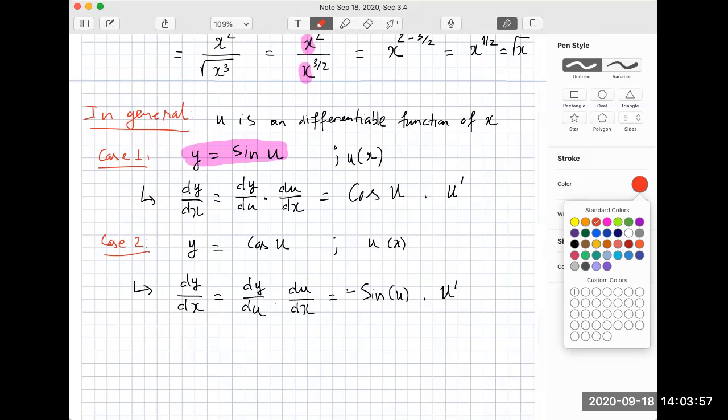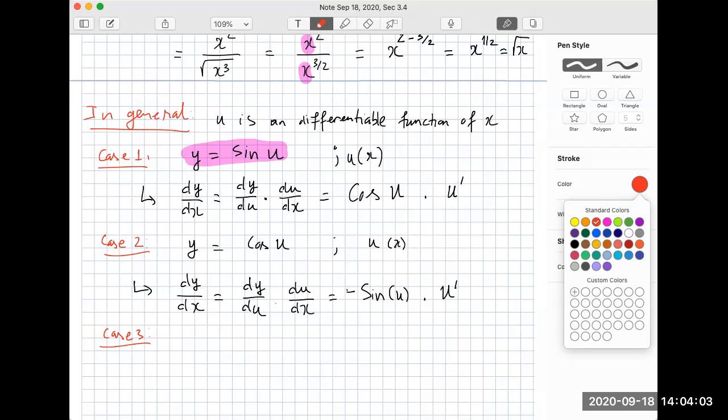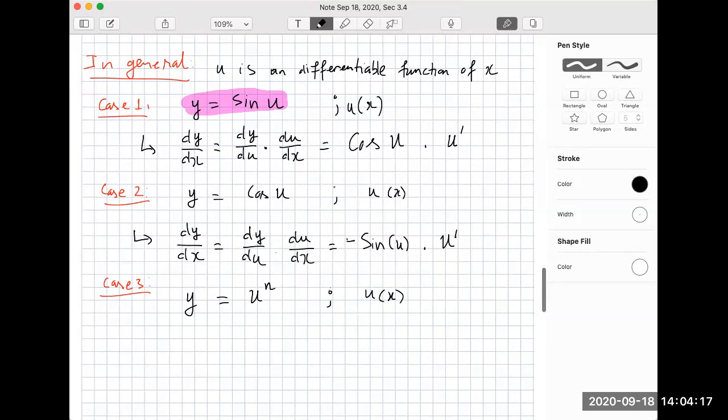So how about if u is a polynomial? So y is u to the n. U is a function of x. So what is dy over dx?